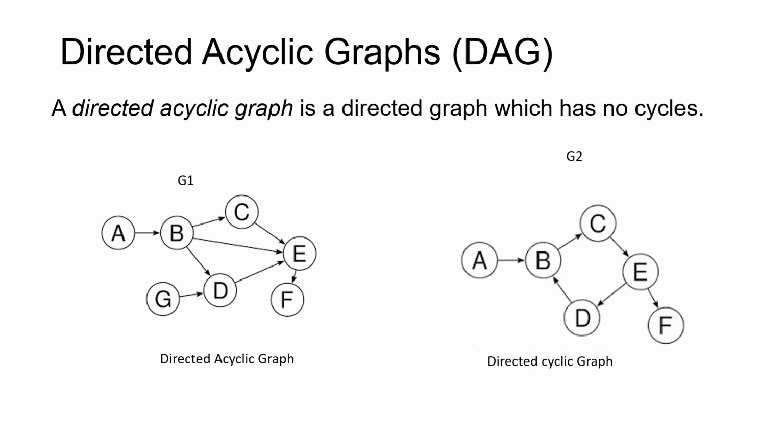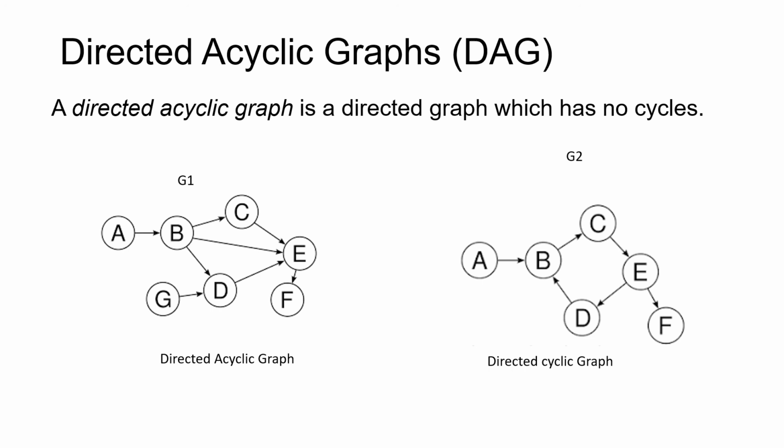Directed acyclic graphs, which are often referred to as DAG, are directed graphs in which there are no cycles or circuits. We have already seen that circuits or cycles are paths which have the same starting and ending vertex.